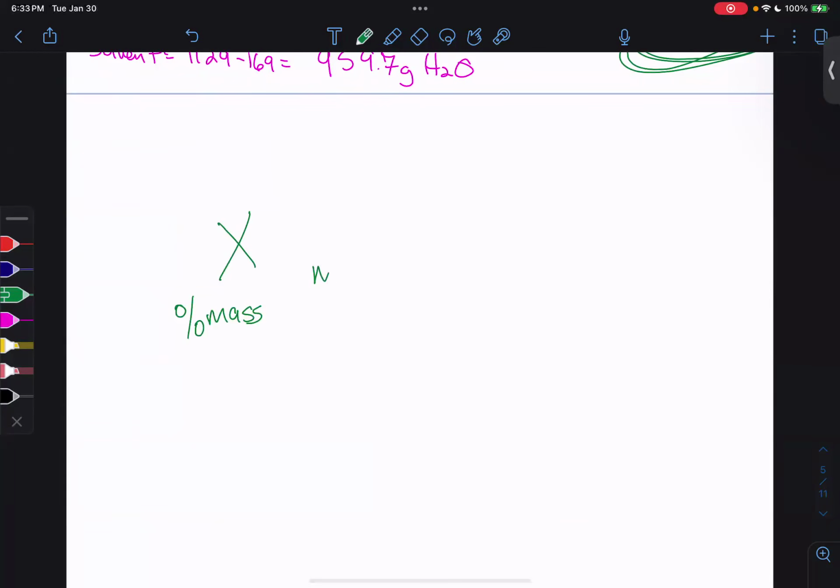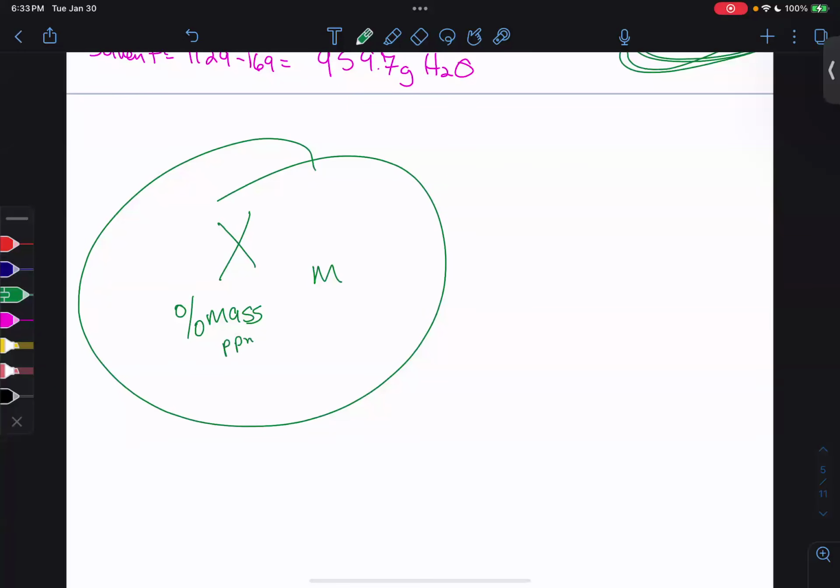And I can ask you molality. All of these things, and also like ppm and ppb, that's very close to percent mass. All of these units, you can interconvert them as much as you want, as long as you know the molar masses of your solute and your solvent. All right, you can interconvert those perfectly because mole amounts are additive.